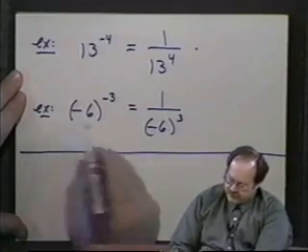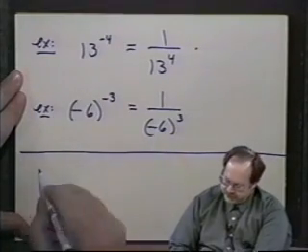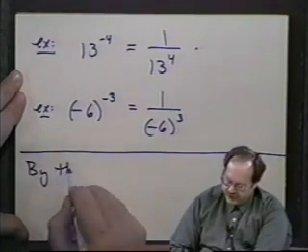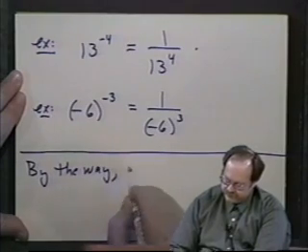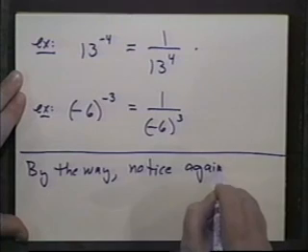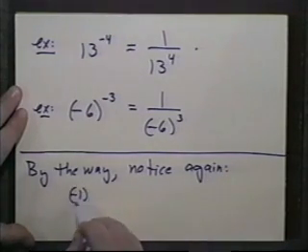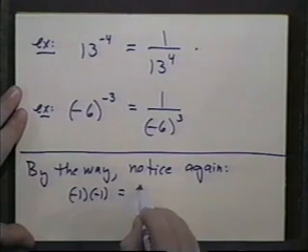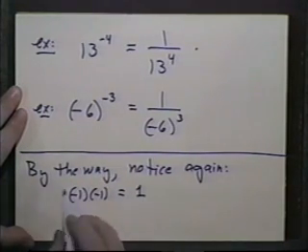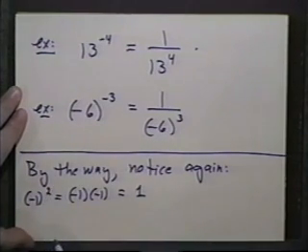Well, with these two examples, I begin to see something else that I want to talk about. So I'll do a little by the way here. Notice again, because I think we talked about this briefly in another example earlier. If you take minus 1 times minus 1, you get 1. Now that's minus 1 squared, an even number.